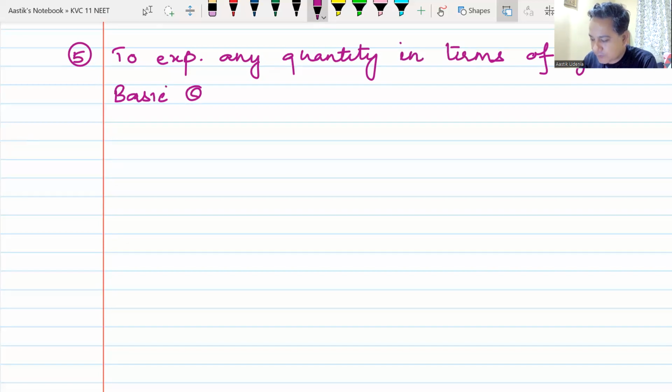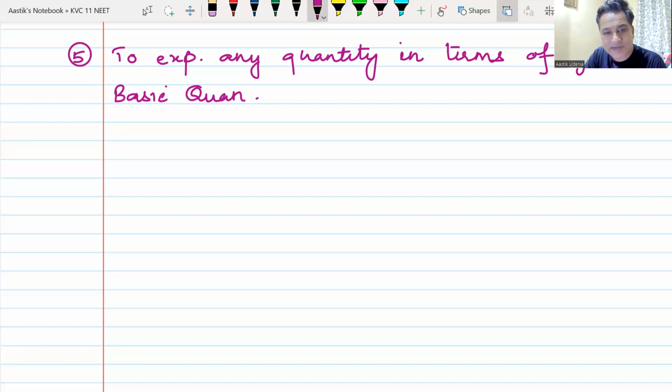Now the question could be framed in such a way that they will say we have made a new system, and in that new system these three are the fundamental quantities. You will have to find out one quantity in terms of other quantities.